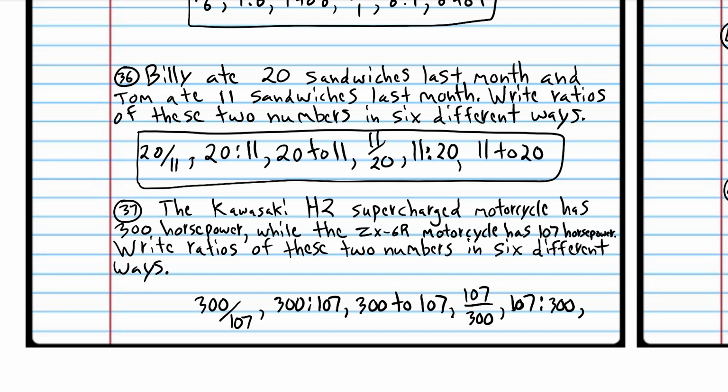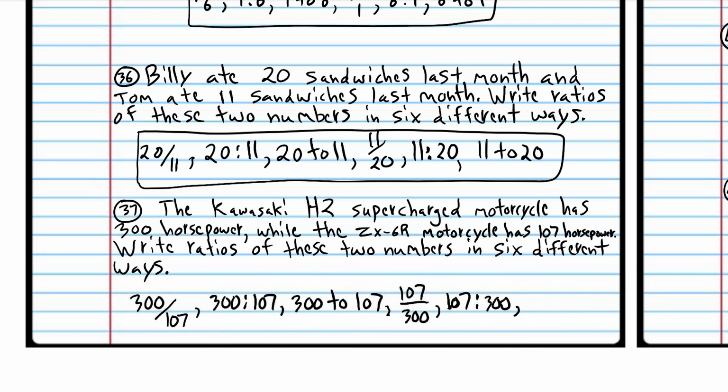And we're going to have to move these over. And we have 107 to 300 using the word "to." Sorry, my writing is so sloppy here. The computer is doing weird things with the pen. All right, so if you got those answers, good job. As you can see, writing ratios is really not difficult.